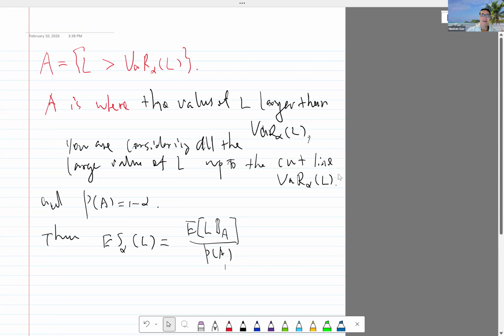Now, my A chosen here is the best A because it contains all the largest values. You start from the largest values, goes down, goes down, goes down until a point where you accumulate probability 1 minus alpha. So this is the best set.